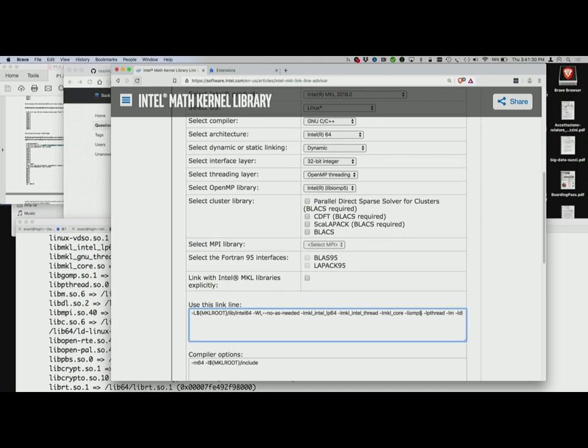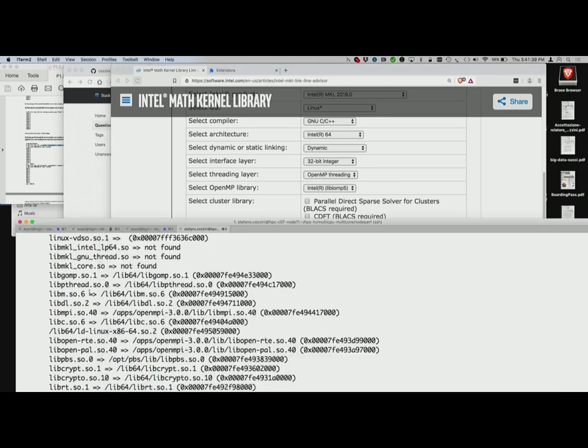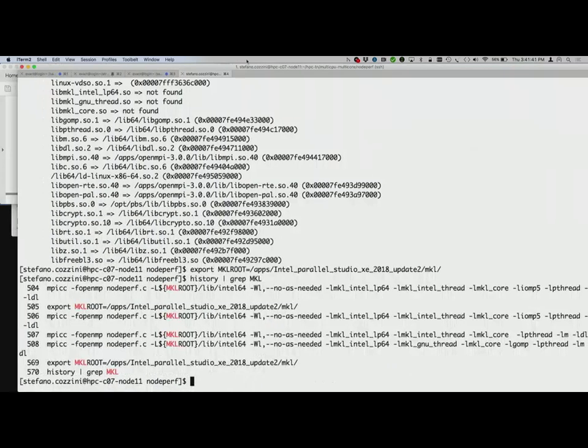I chose this just because we are using MPI, we are using GNU, and it was a little bit simpler this way to compile the code and be sure that it's working the right way.